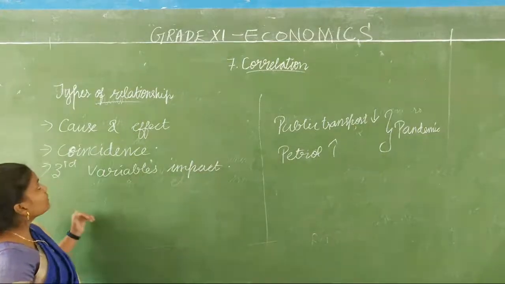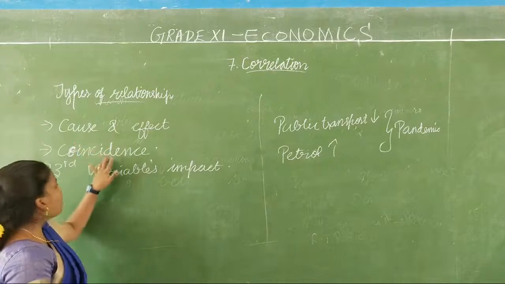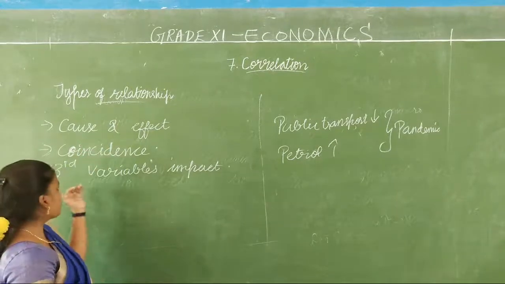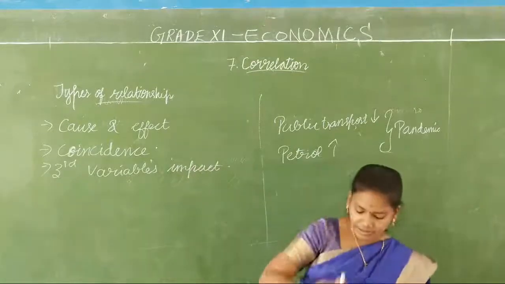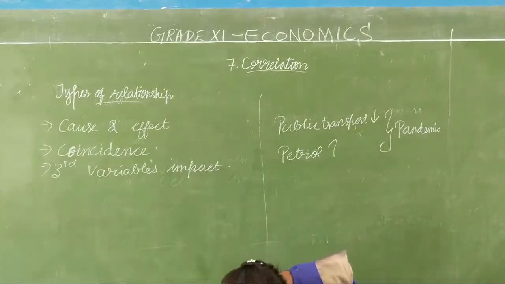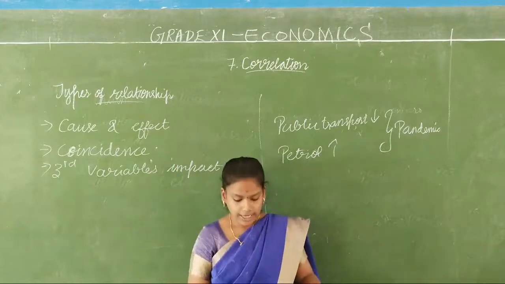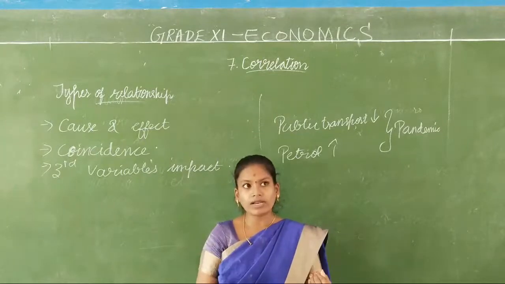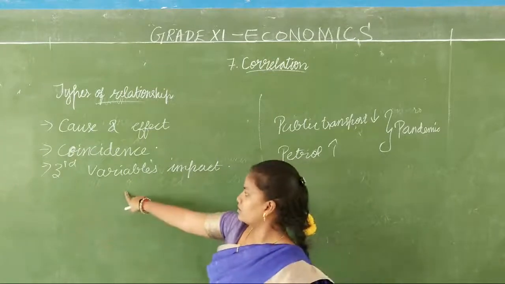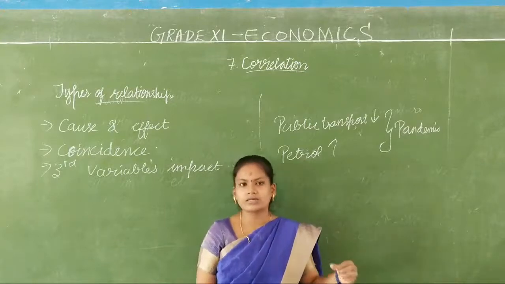Okay, so relationships we have: you might have a cause and effect relationship, a coincidental relationship, and finally a third variable's impact may affect it. Okay, these are the various types of relationship we have. So about the correlation, this third variable, they have given you an example about ice creams and drowning.